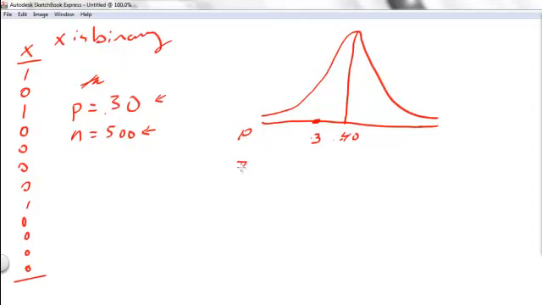So we know that there are a bunch of z's that correspond to these p's. Right here, the z is 0. And we can go to our z table and find out what the p-value is here if we knew what the z was. So we have to find the z that corresponds to this p of 0.3.